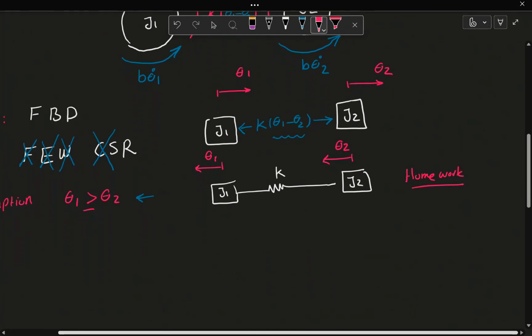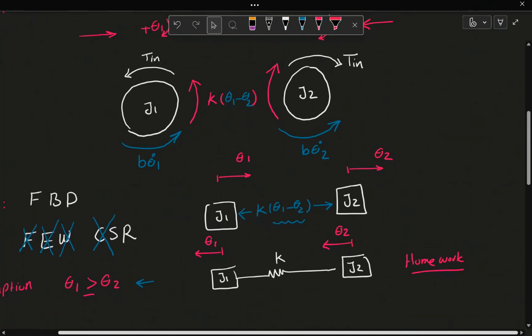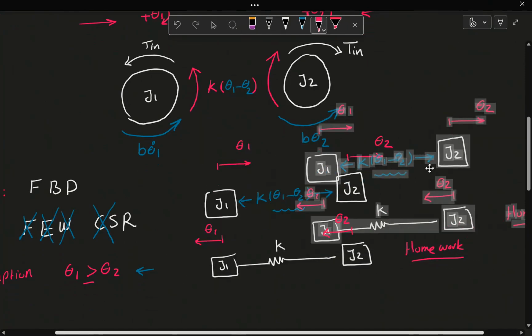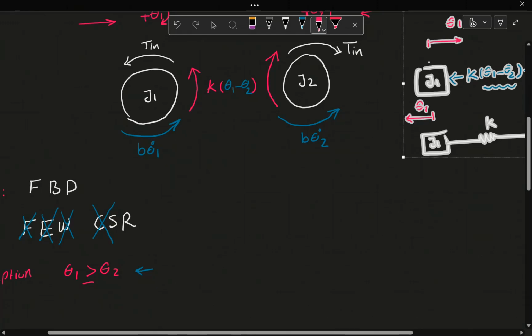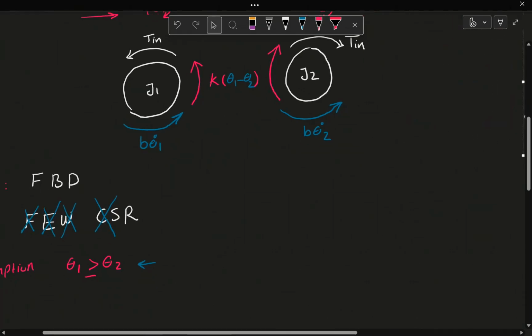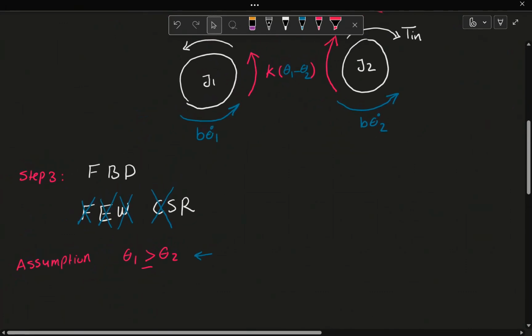Good? Okay. Let me just move these ones a little bit aside so I have a little bit more room to go after my equations of motion. You notice that my spring torque is gone.